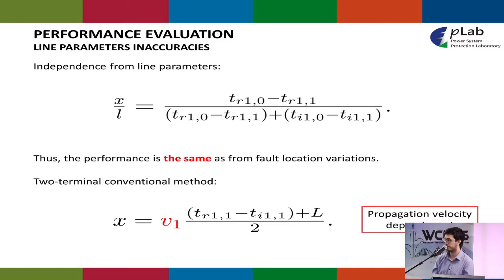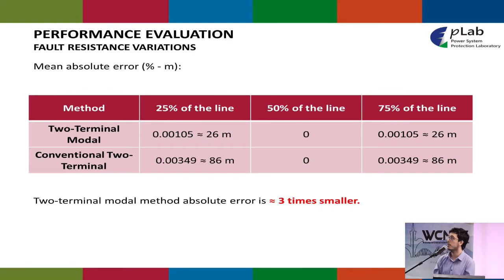Just keep in mind that the two-terminal conventional method depends both on the propagation velocity, this velocity here being the aerial mode velocity, and also on the line length. Finally, for fault resistance variations, we plotted in this table the mean absolute error in percentage and also in meters. The results are very small, but there's another good performance shown here.